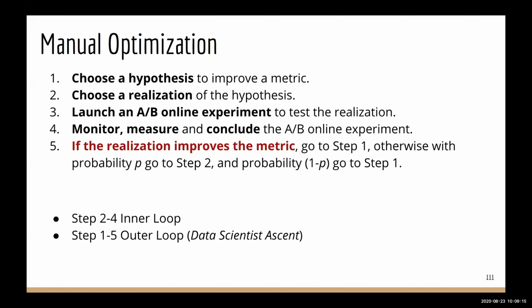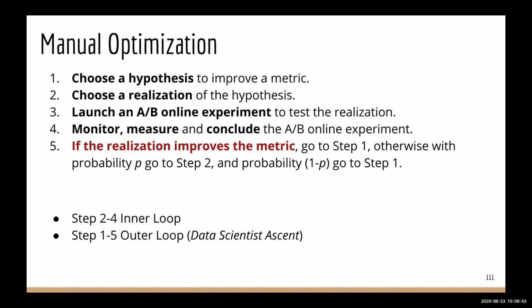And there are two loops in this procedure, if you pay closer attention. Step 2 to step 4 is the inner loop. That means within an experiment, within a realization, you want to try out different realizations of the hypothesis. Step 1 to 5 is the outer loop, meaning different experiments, different hypotheses.